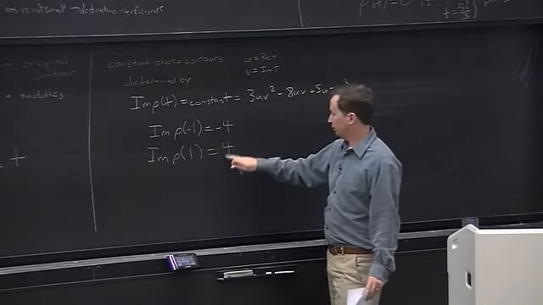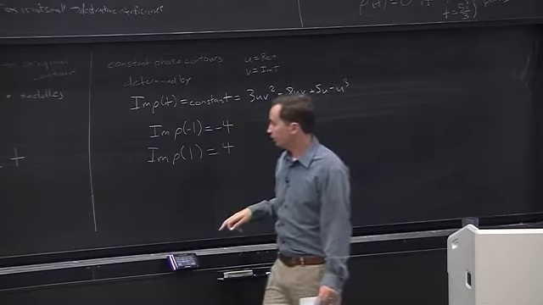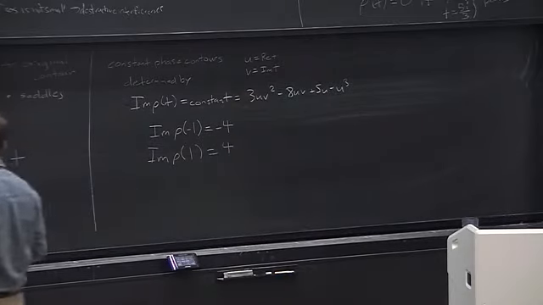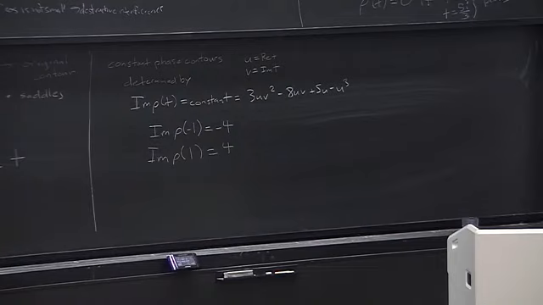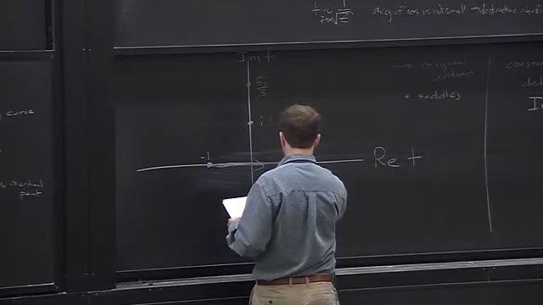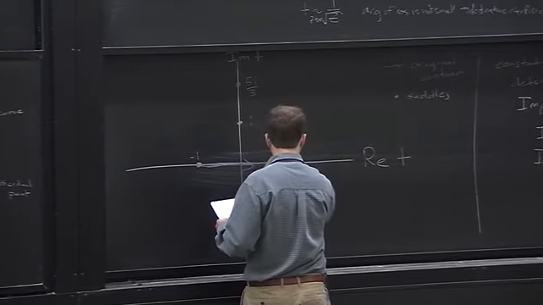So if we look at the constant phase contours that pass through the endpoints, they're different, and they'll look something like this. Again, I'm just sketching what the results are.